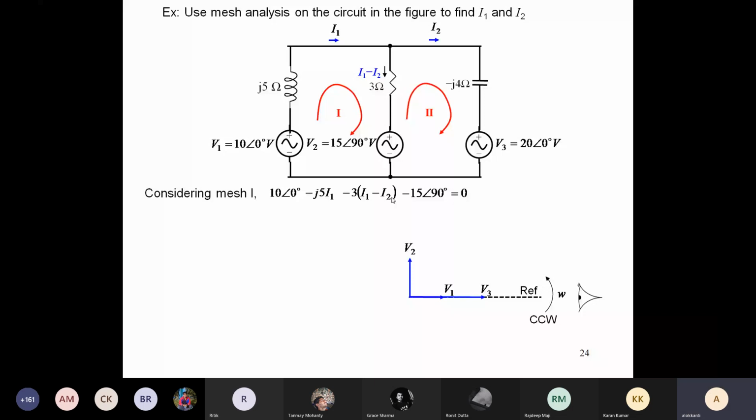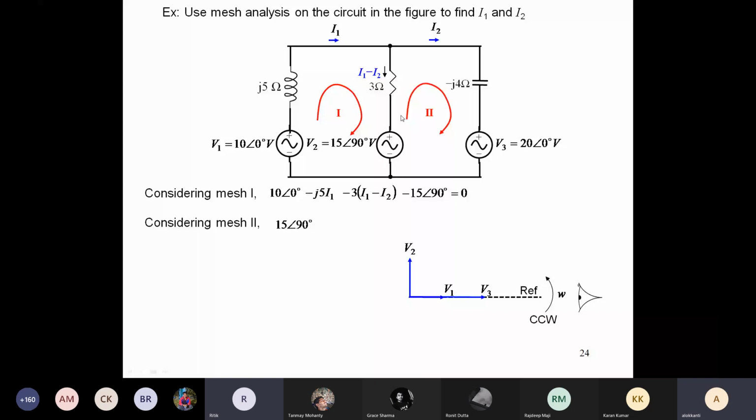Now you have to write another equation, because there are two unknowns, I1 and I2. If you go along this, plus 15 angle 90, then in the 3 ohm what is the voltage? Plus 3 (I1 minus I2).